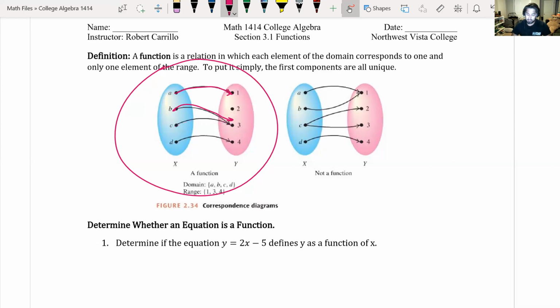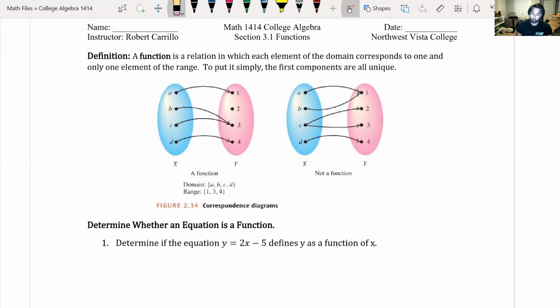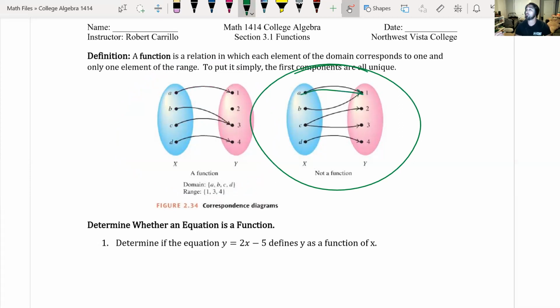What is not a function is, of course, the second blob. Well, let's check it out. A goes to 1. Good. B goes to 1. Perfect. So again, multiple x values can share the same y value. And then C goes to 2 and C goes to 3.